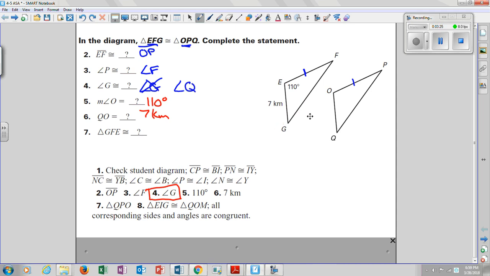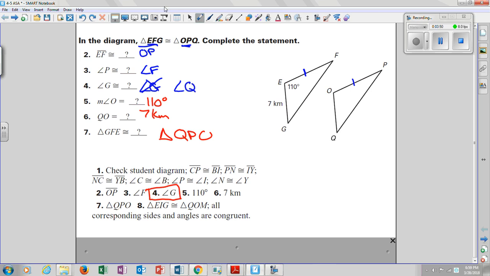In triangle GFE, you have to write it in the same order. So G was congruent to Q, not G, remember? So it's triangle QPO. The other way to do it would be to notice that it went backwards. GFE, so QPO.